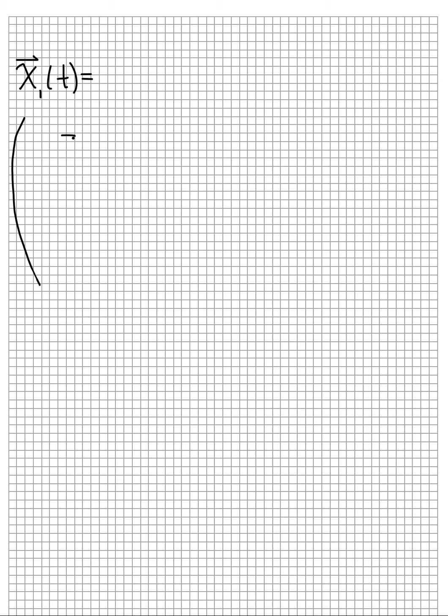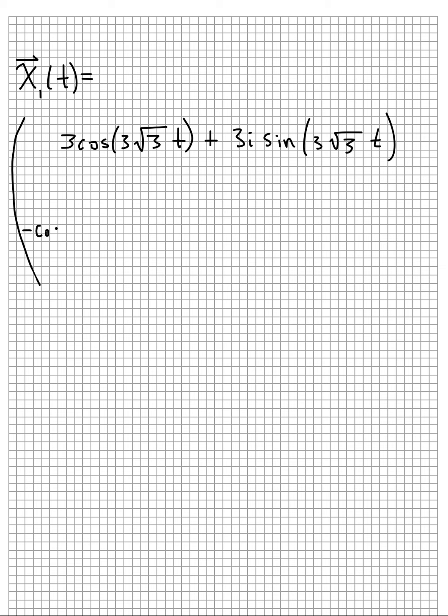The first element is going to be 3 times the cosine of 3 times the square root of 3 times t, plus 3 times I sine of 3 times the square root of 3 times t, and close. All right. And then the one below it, the second element, is a bit more complex.